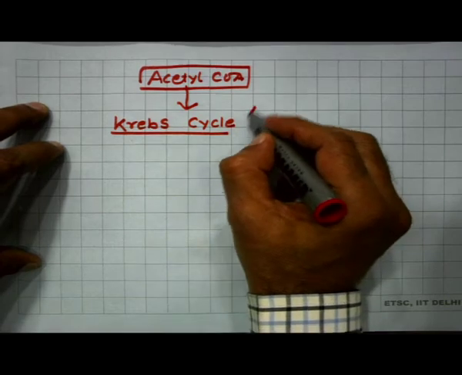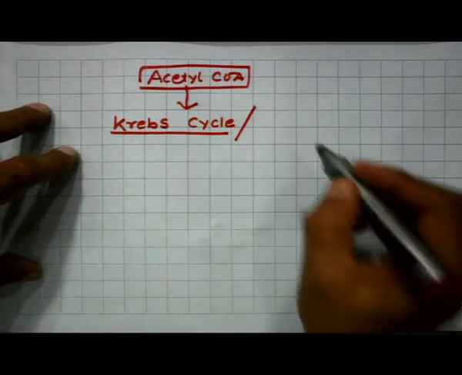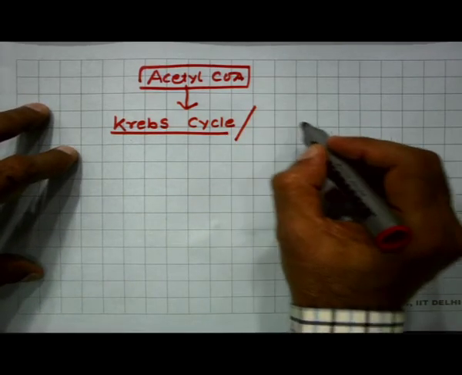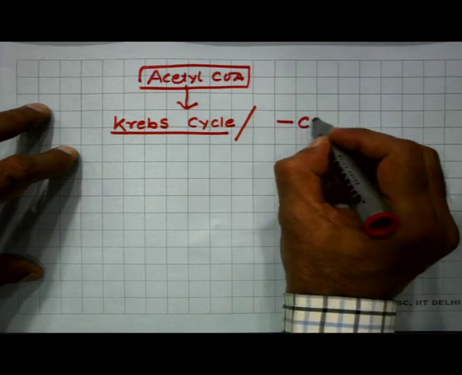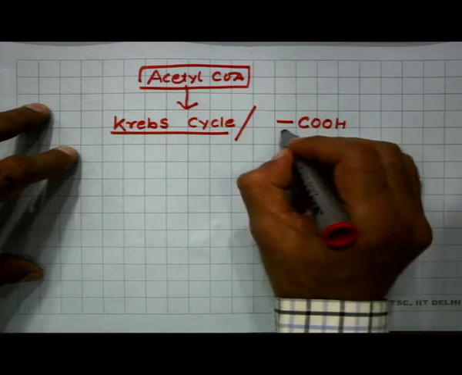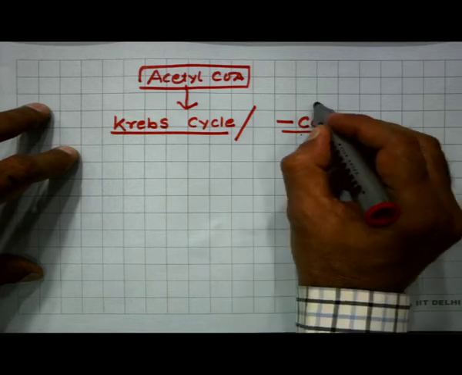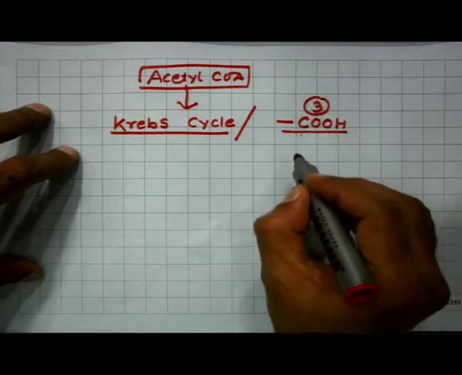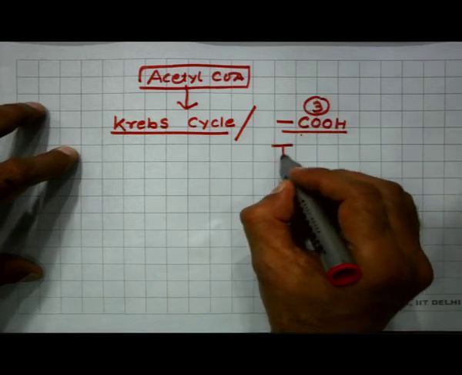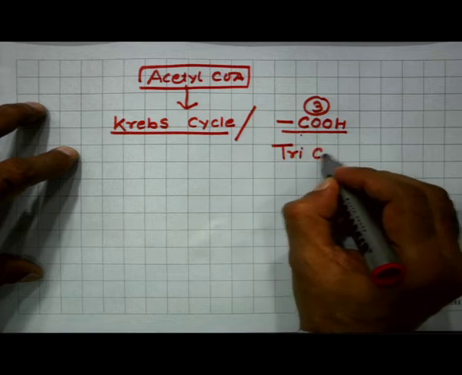In this cycle, the product which is formed firstly contains 3 acid molecules. So, in this cycle 3 acid molecules are there, and this cycle is also called the tricarboxylic acid cycle.